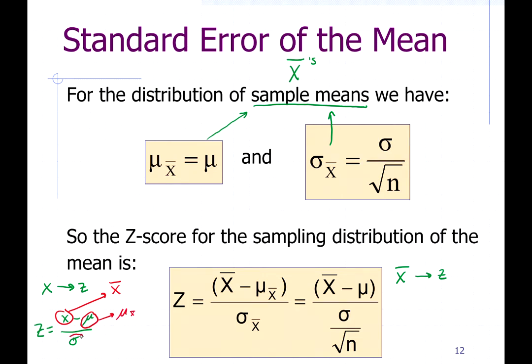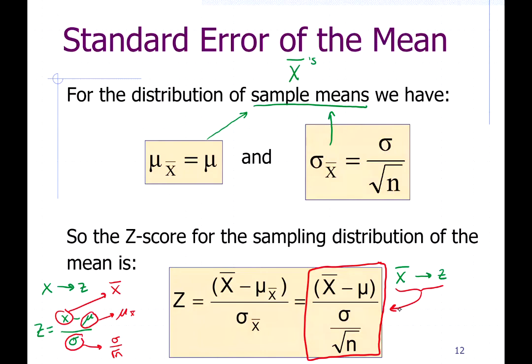And we could replace the population standard deviation with the standard error, which is the standard deviation divided by the square root of n. And if we do that, we get this. This is our formula for converting an x bar into a z-score. And the reason we do this is because we're going to be calculating probabilities later.